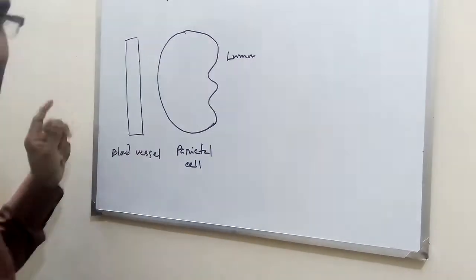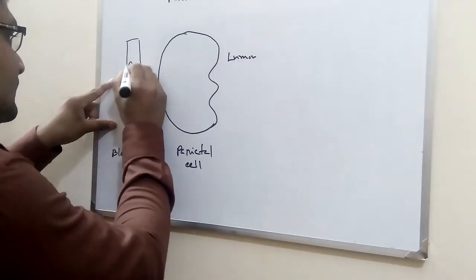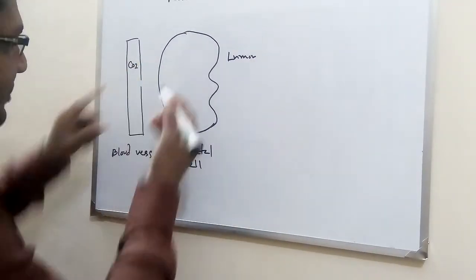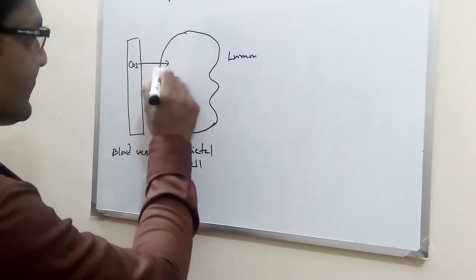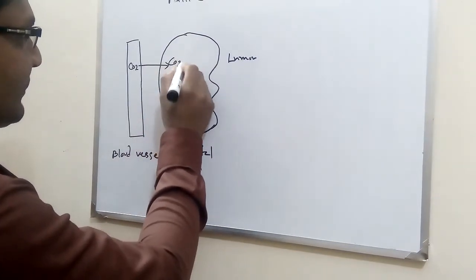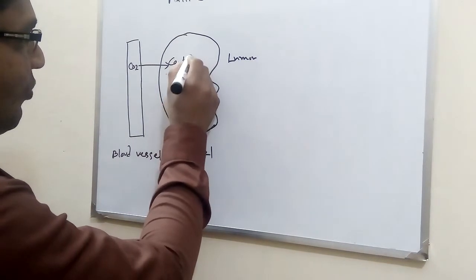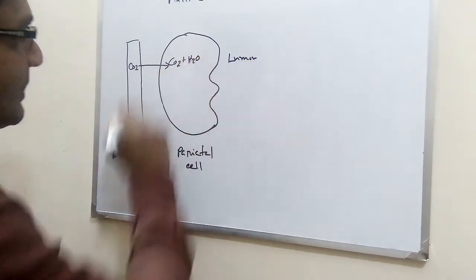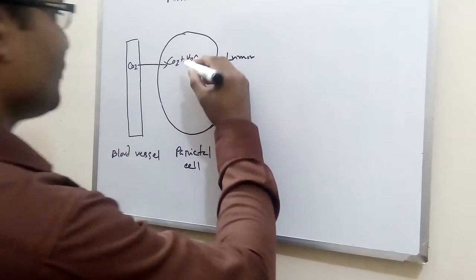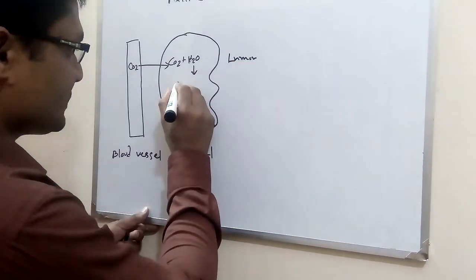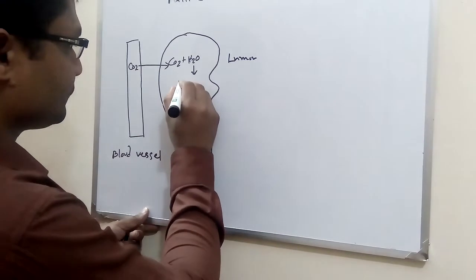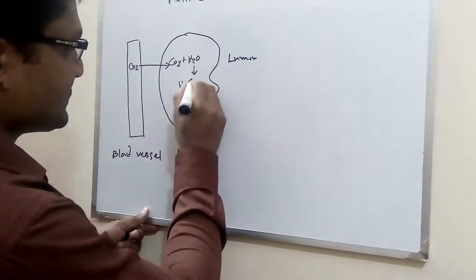And we know that the blood contains carbon dioxide. Carbon dioxide enters into the parietal cell, and carbon dioxide mixes with water. When carbon dioxide mixes with water, they produce carbonic acid, H2CO3.